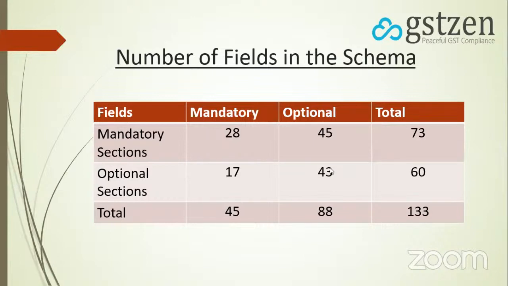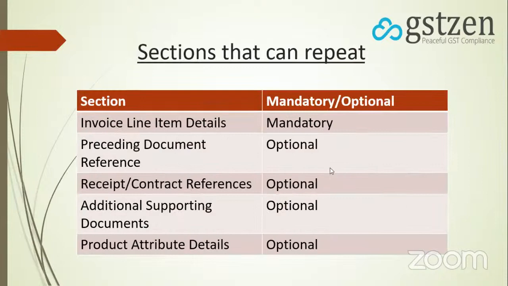Let's say you are talking about a buyer, so the legal name would be mandatory, even though providing the details of the buyer is a mandatory section. Providing the trade name of the buyer is not a mandatory field. Okay, so some sections are altogether mandatory, but not all the fields within the mandatory section are required.